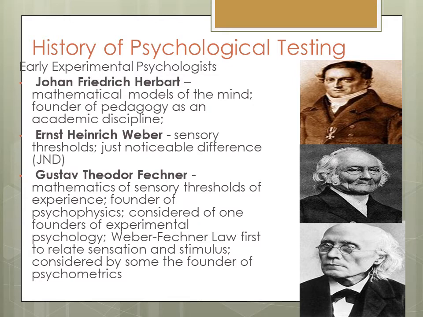Now we have Ernst Heinrich Weber. He measured sensory thresholds, just noticeable differences. As you can recall from your introduction to psychology, sensory thresholds are the minimum levels at which an individual can feel something.